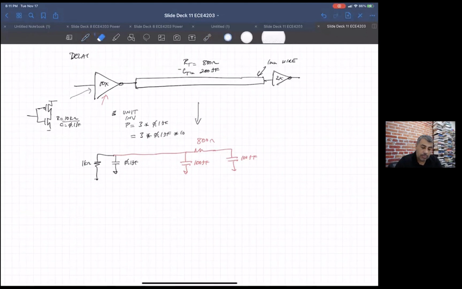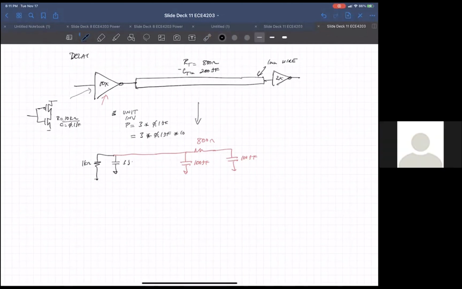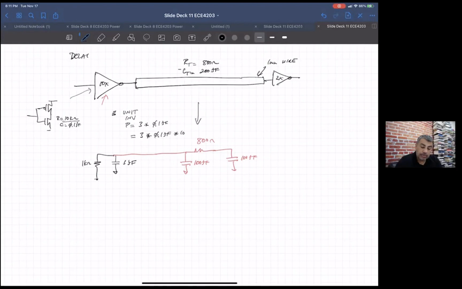So this total capacitance would be 3 femtofarads. Did that make sense? Yeah. One of the points this problem is trying to make is that you can essentially ignore it when you have this long of a wire. The capacitance is only 3 femto and you already have 100 femto here. So it's a very small part of the total capacitance when the lines are long.